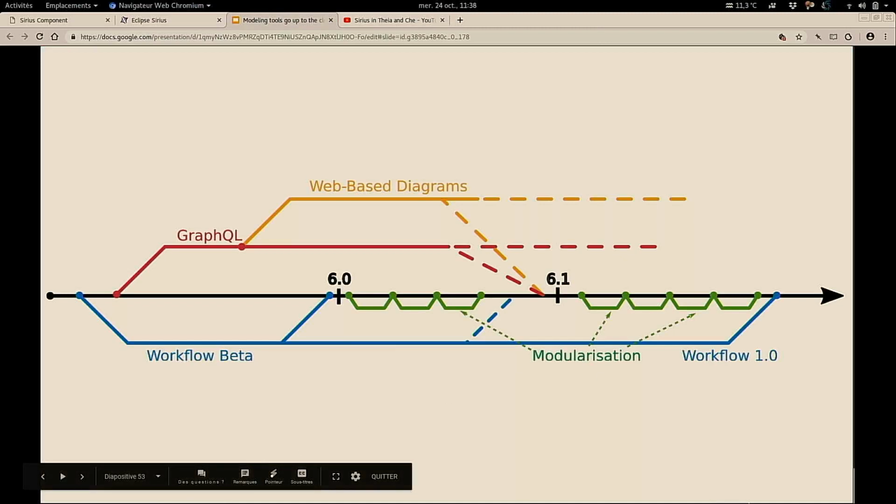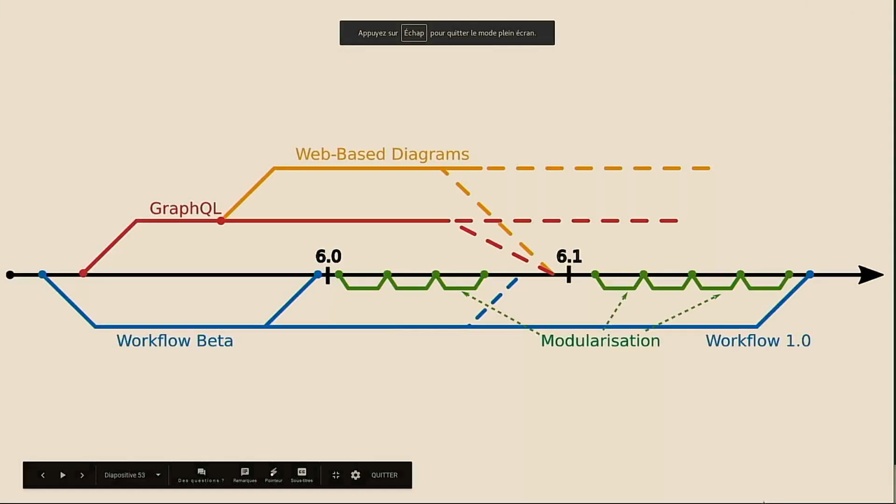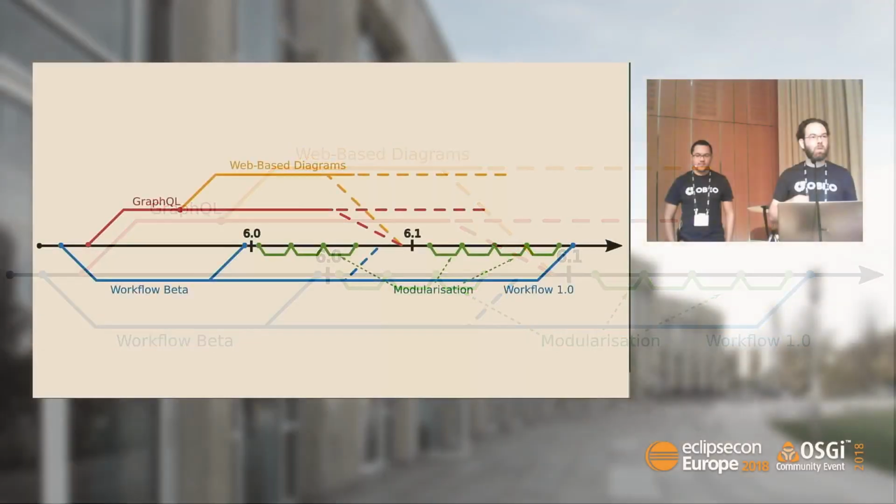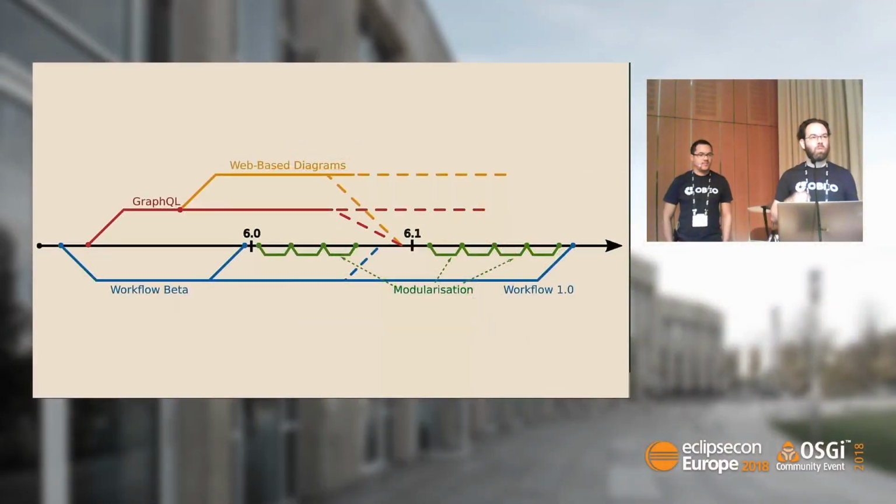So this is an overview of the timeline of our work on all these areas. On the left corresponds to the beginning of 2018, where we started 2 experiments in parallel. In blue, we have the workflow DSL that I showed earlier, which was the first step to integrate Eclipse web technology inside Eclipse, and start to build on an Eclipse Sirius server to render the HTML pages, but rendered inside Eclipse.